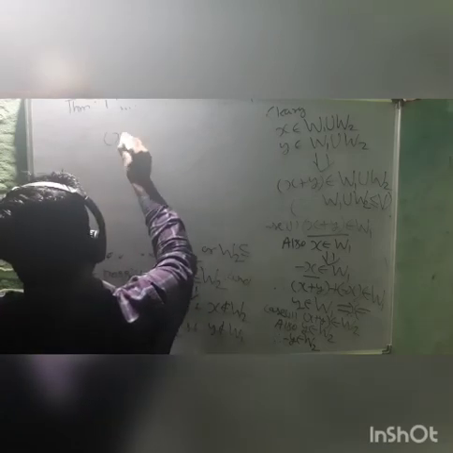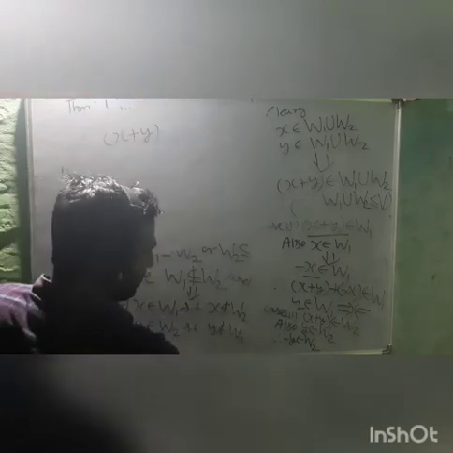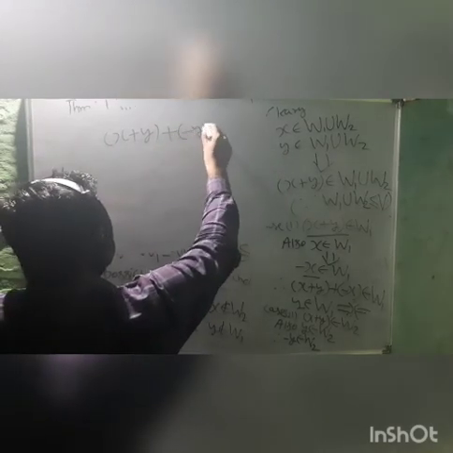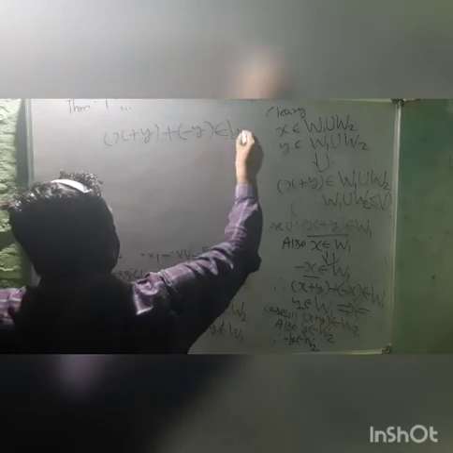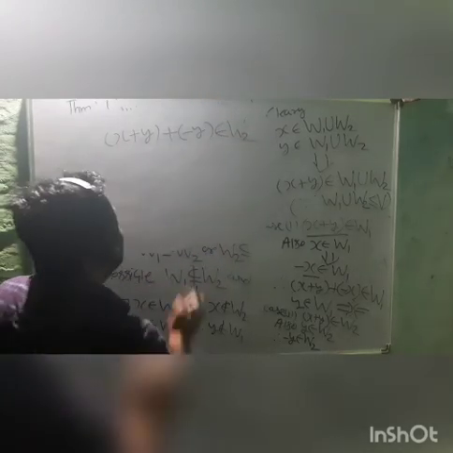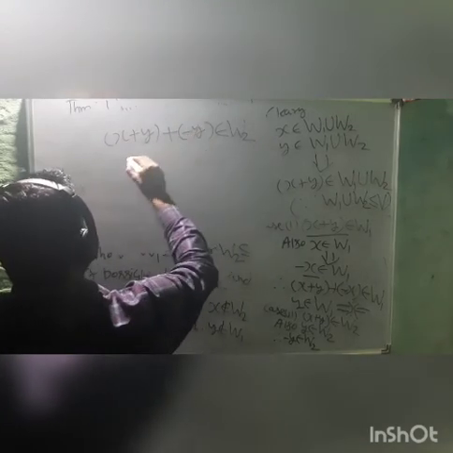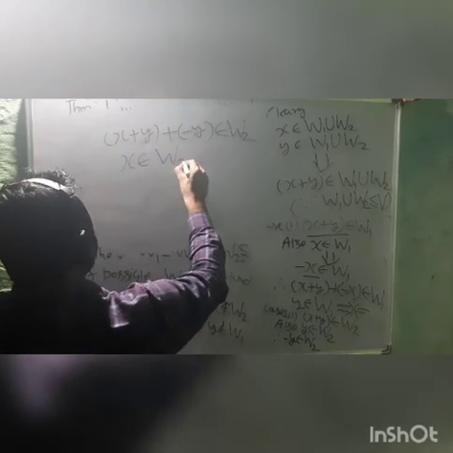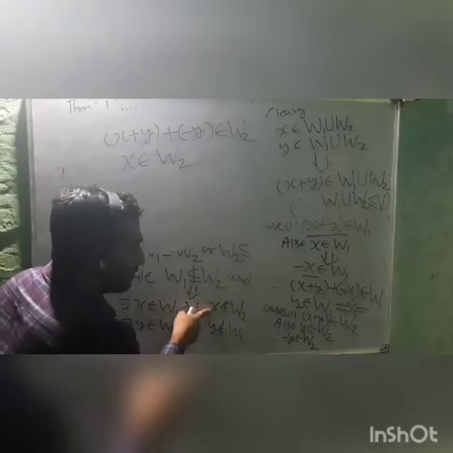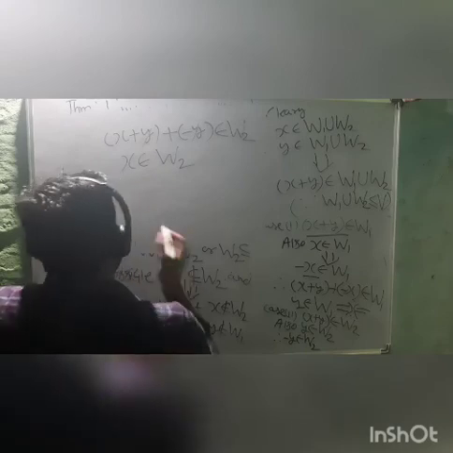How? Therefore X plus Y plus minus Y must also be in W2, because this is a subspace. In a subspace, one vector plus another vector should be there. And now what does this mean? X belongs to W2, but we have X does not belong to W2, so this is another absurdity. Hence our assumption is wrong.